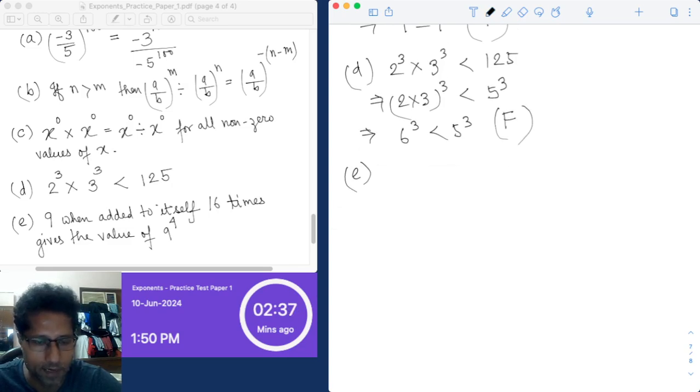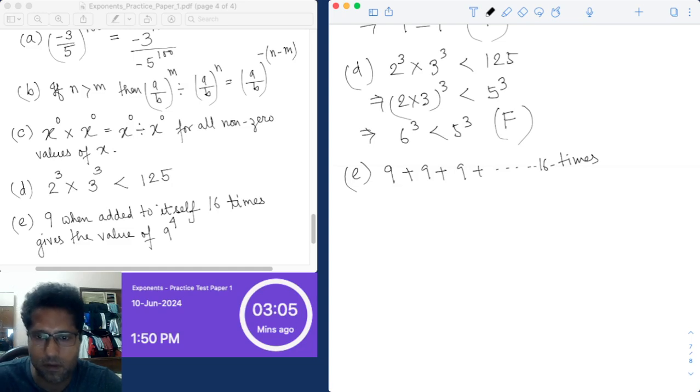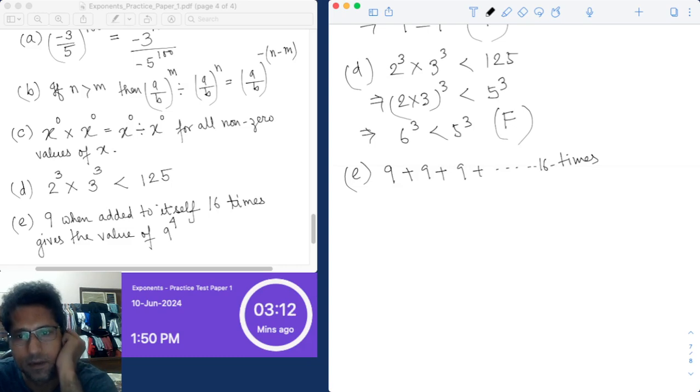E. 9 when added to itself 16 times gives the value of 9 to the power 4. 9 plus 9 plus, 16 times, is nothing but 9 multiplied by 16.